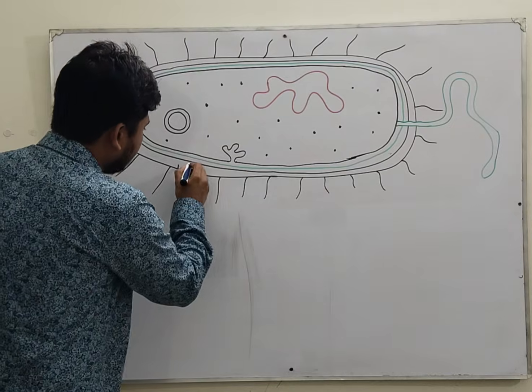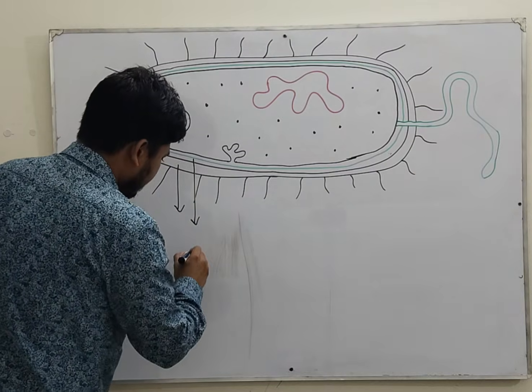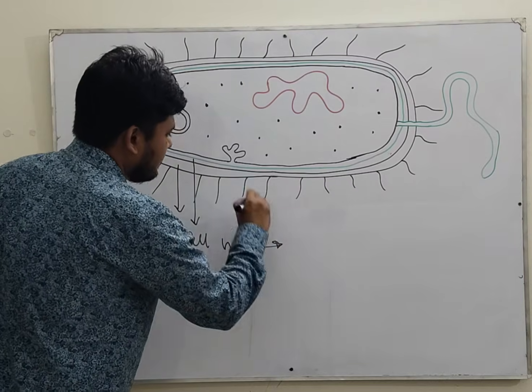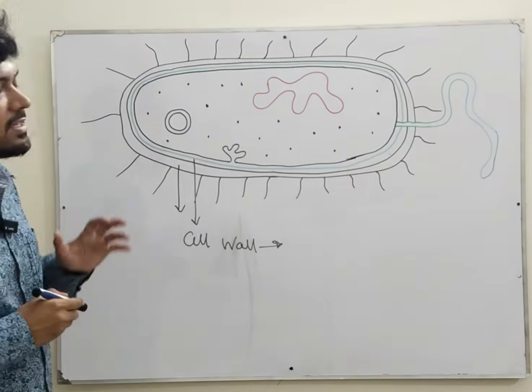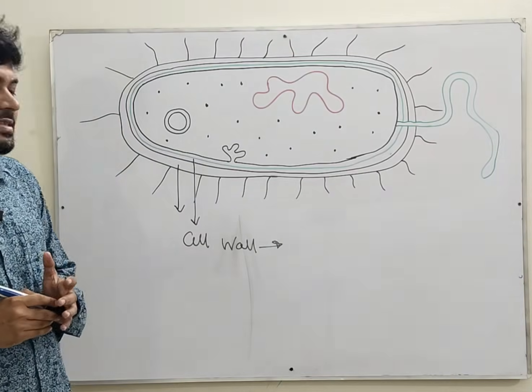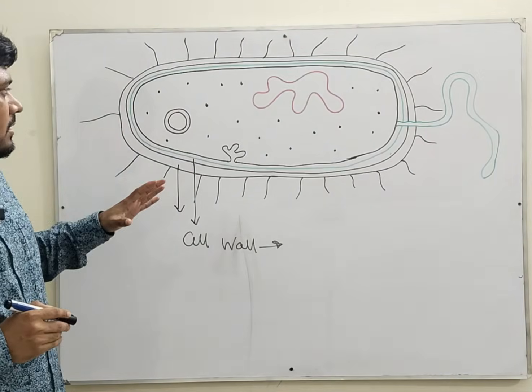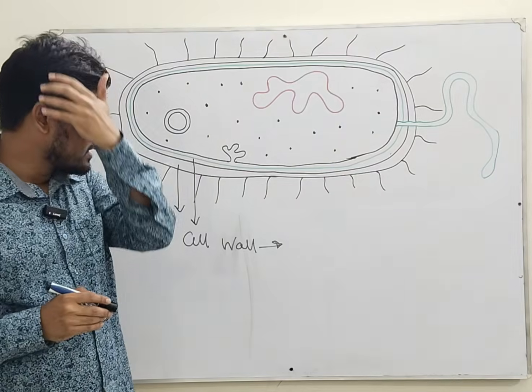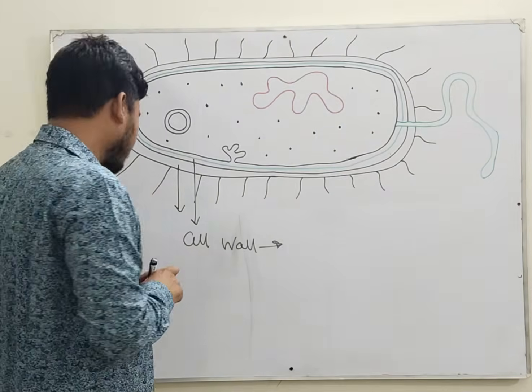The layer immediately below the capsule is the cell wall. Cell wall provides rigid support to the bacteria and prevents osmotic lysis of bacteria. There are some differences between the cell wall of gram-positive and gram-negative bacteria. I will discuss later with figure.